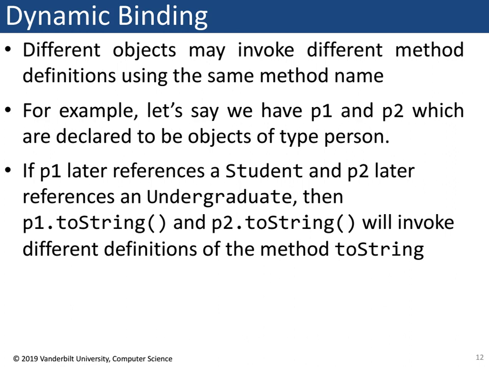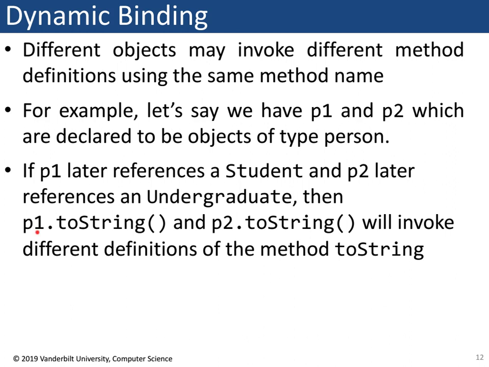As an example, let's say we have P1 and P2, both of which are of type person. But later on, P1 is assigned a reference to a student object, and P2 is assigned a reference to an undergraduate object.